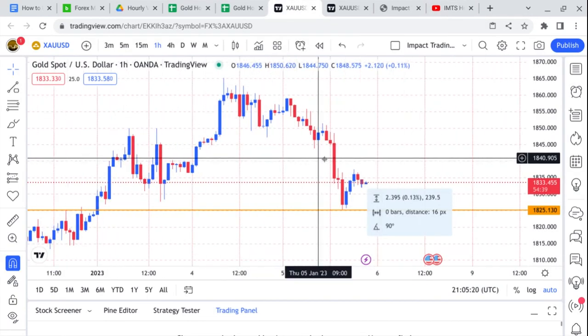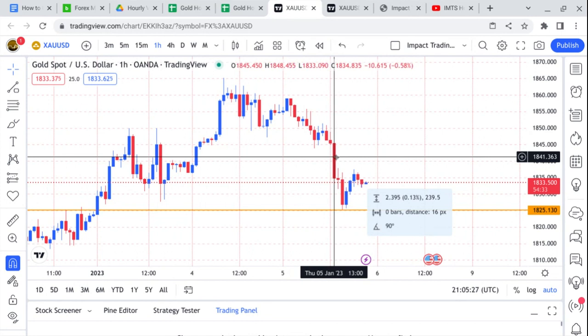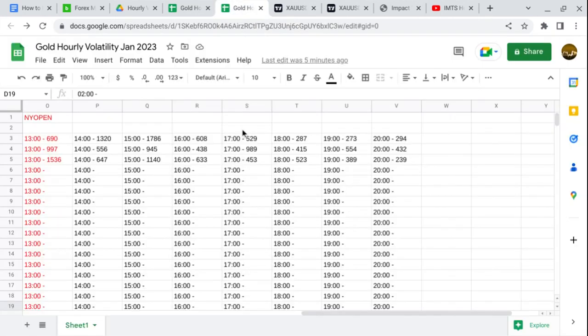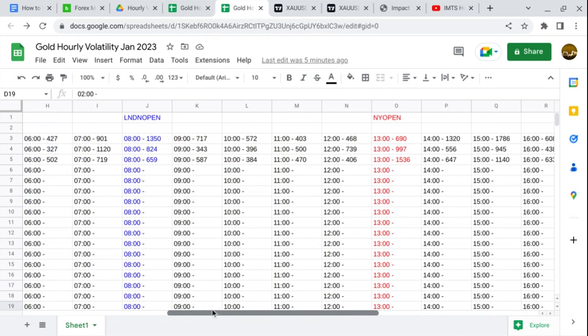All right, back to the live example. What we do is see the trends for the New York session over the last week or the last 3 to 4 days. In January, today, the New York session has moved. We'll pull up the spreadsheet, and this is the data for the January New York session.